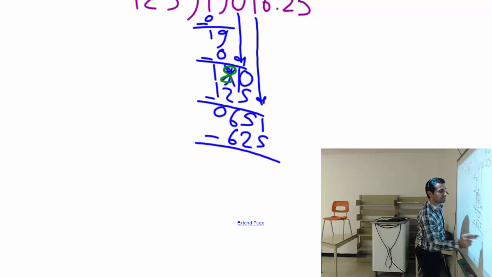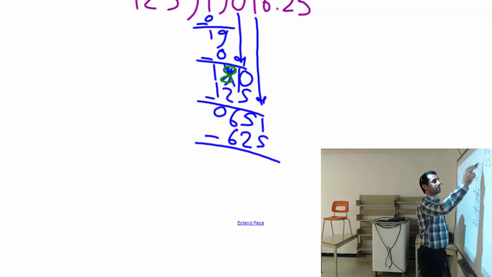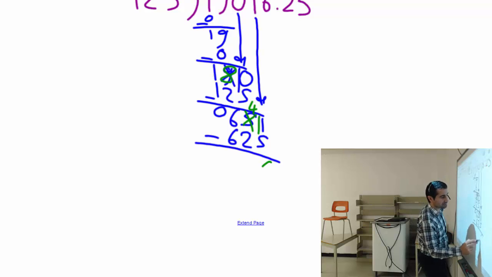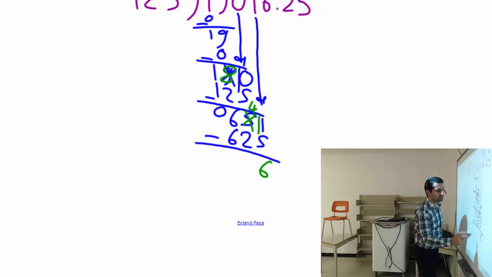Let's subtract. That doesn't work. I'm going to borrow 1 from here. Now this is 4, but that is 11. 11 minus 5 is 6. 4 minus 2 is 2. And 6 minus 6 is 0.